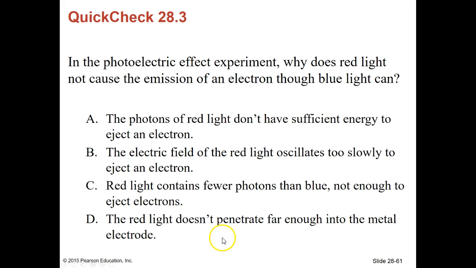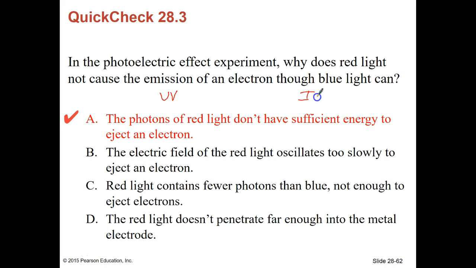So in the photoelectric effect experiment, they want to know, why does red light not cause an emission of an electron that blue light can? And that's because the photons of red light don't have enough energy. So remember, ultraviolet is the strongest, and so that's over on this side of the spectrum. So this would be UV.